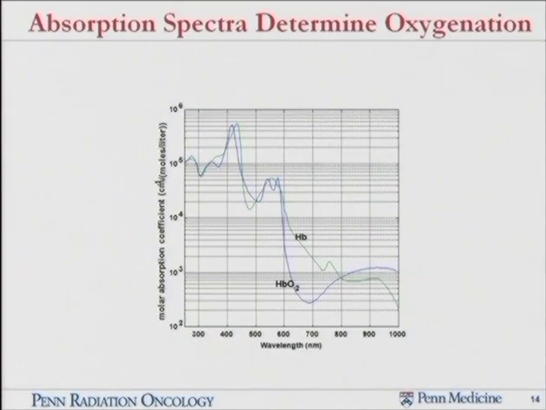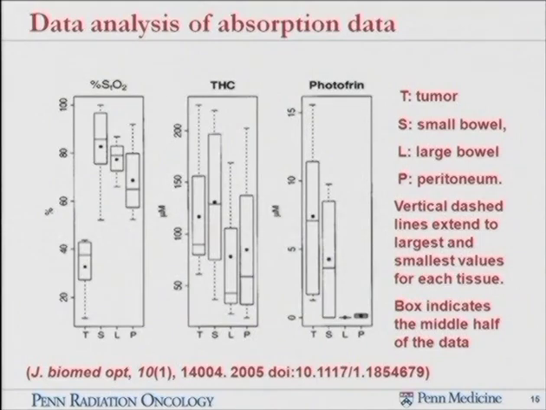And here is some data analysis using the component method that can be used to determine the oxygen saturation in the tissue for different organs. This was done by postdoc Wang in Arjun's group together with us for IPPDT, and was published in 2005.